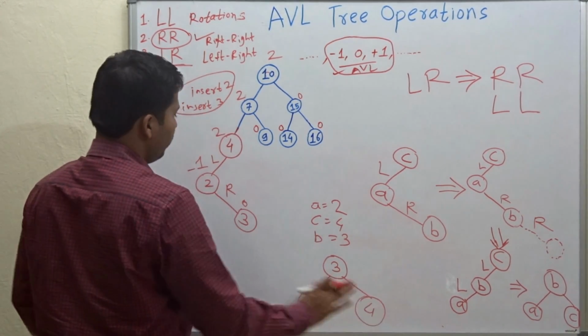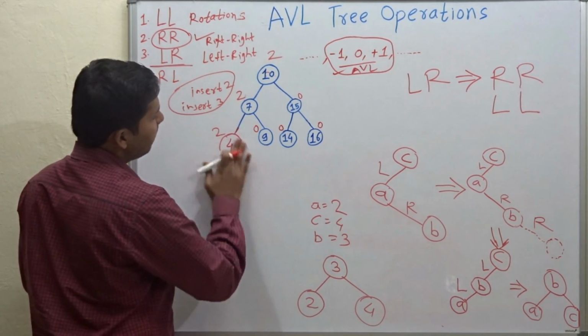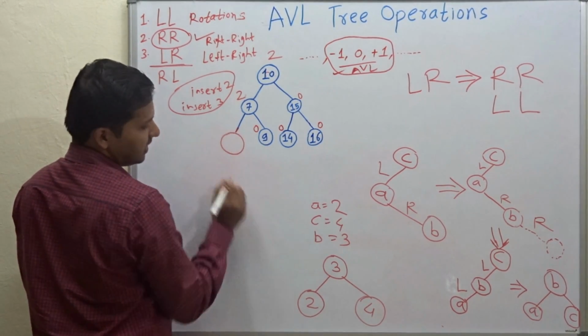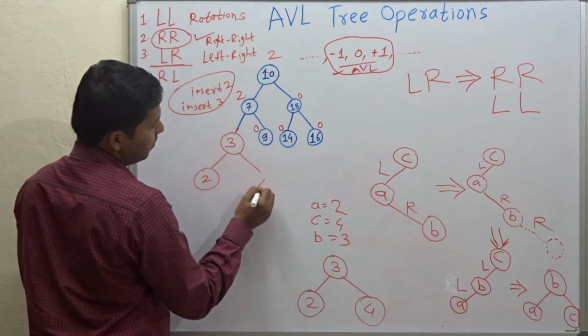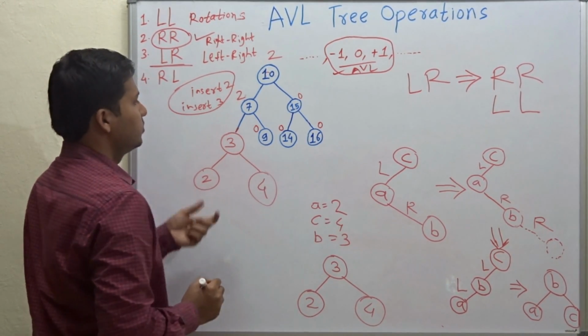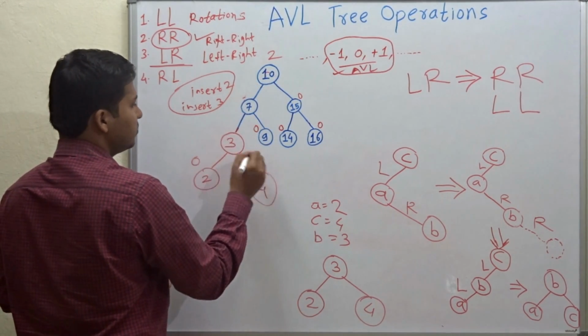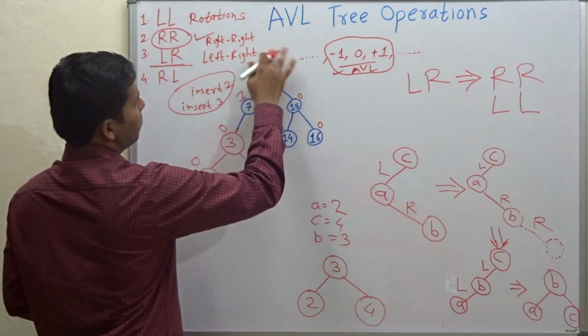Okay, so 3, 2, 4. Just attach it to the parent of the imbalanced node, that is 7 here. So now let's attach 3, 2 and 4. So now the tree will be balanced because it is 0, 0, 0, 0, 1 and 1.